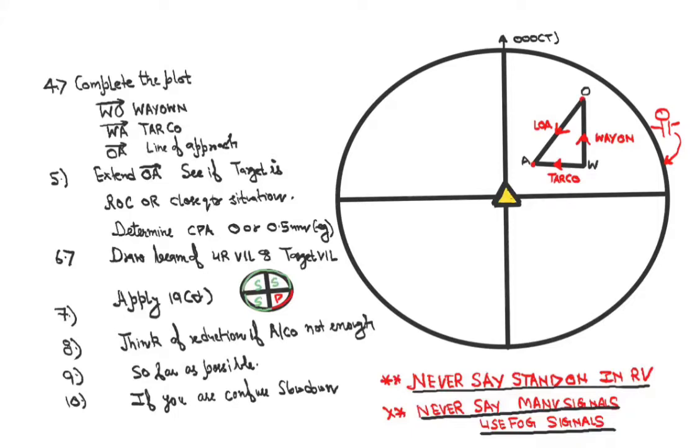So complete that. Now what you do is, the 5th step is extend OA and see if the target is a risk of collision or a close quarter situation. Okay, so for risk of collision, obviously determine if the CPA is 0 or say 0.5 nautical mile, for example, and it is a very close quarter situation. Also, close quarter situation depends on what is written in your BPM. Say, for example, in your BPM, it is written that in coastal water, you need to maintain 1 nautical mile.